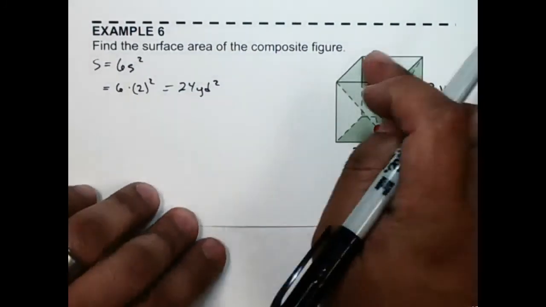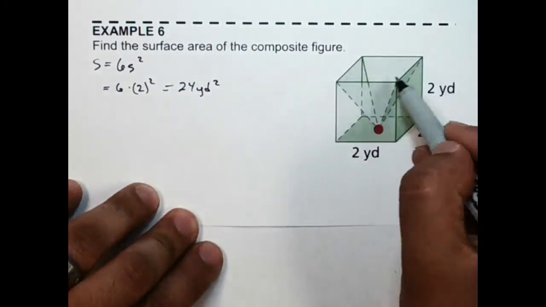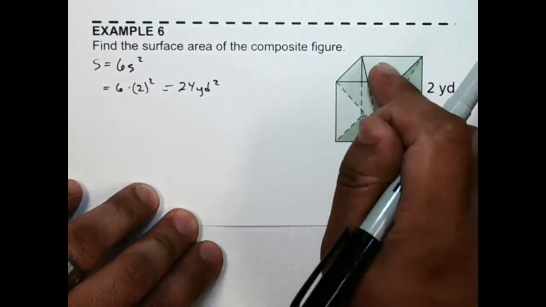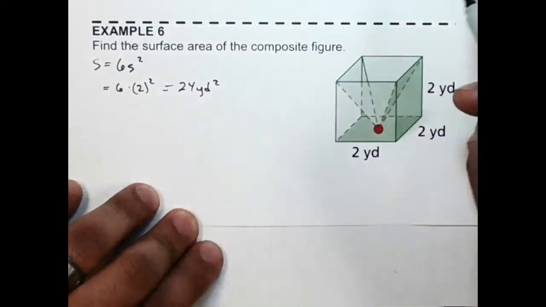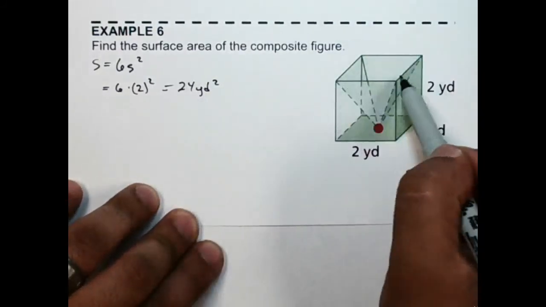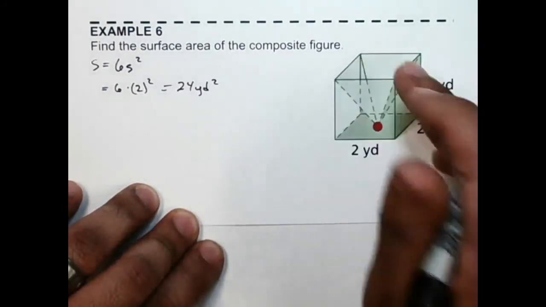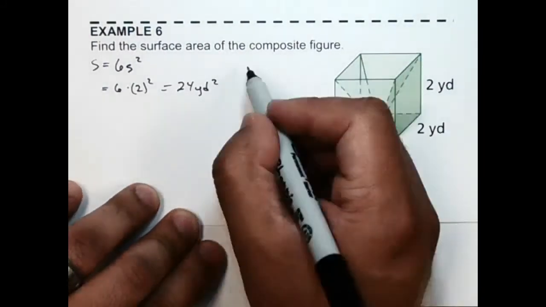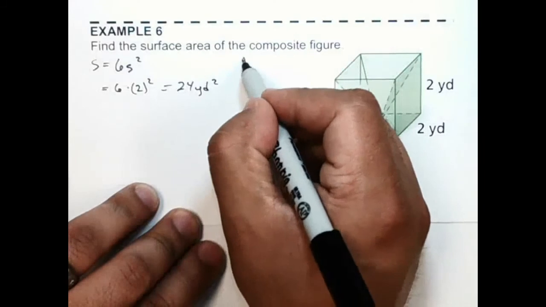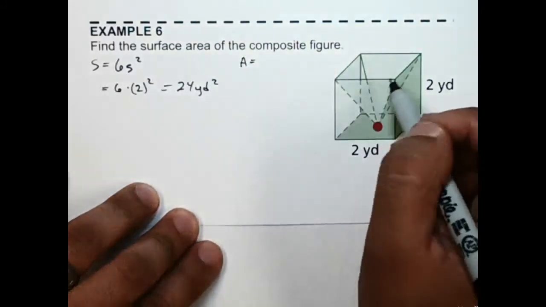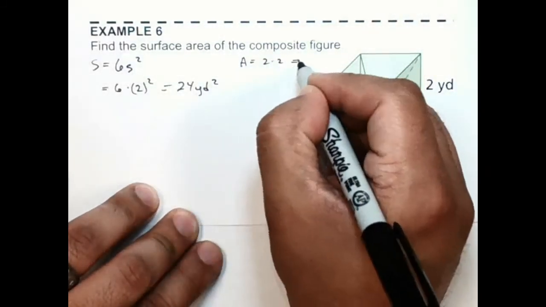But this base up here is not included. There's a hole in there, so I have to take out one of my squares. The area of one face is going to be equal to 2 times 2, which is 4.